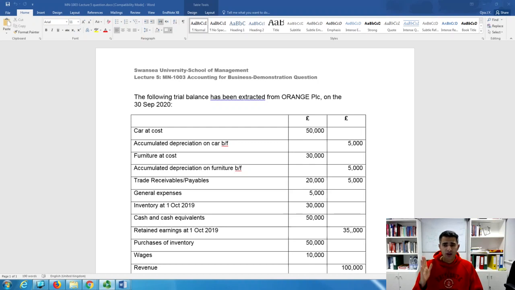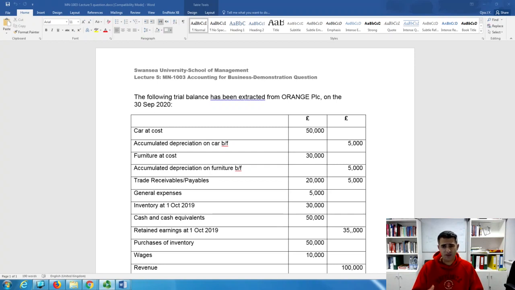Now if you look at the question, to make your life easier, remember we have three statements. The statement of profit or loss measures the profitability of the business. Don't forget it includes sales revenues minus cost of sales equals gross profit, minus all expenses, distribution and administration expenses, equals operating profit, and operating profit minus the interest payable and also minus the tax payable gives us the net profit, or profit for the year.